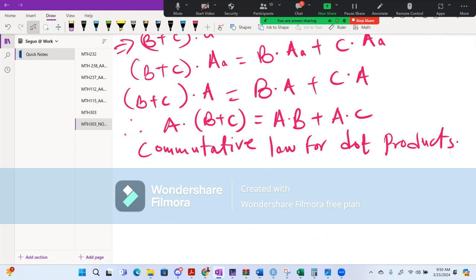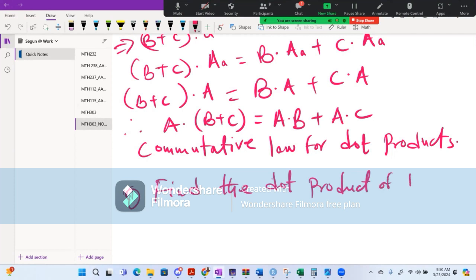But let's look at the examples. Example 1 says, find the dot product of the two vectors shown below.